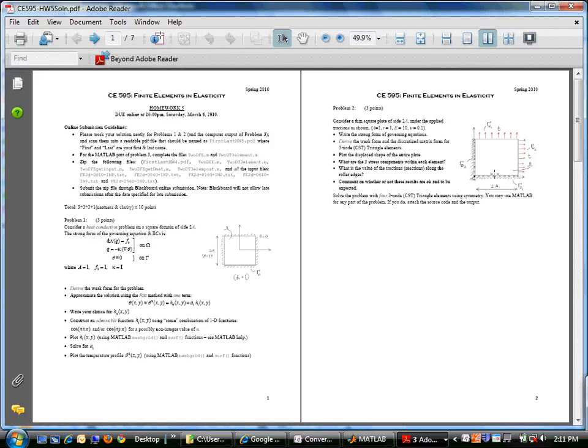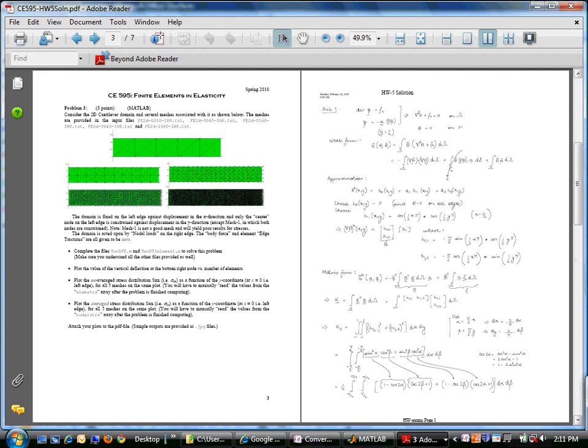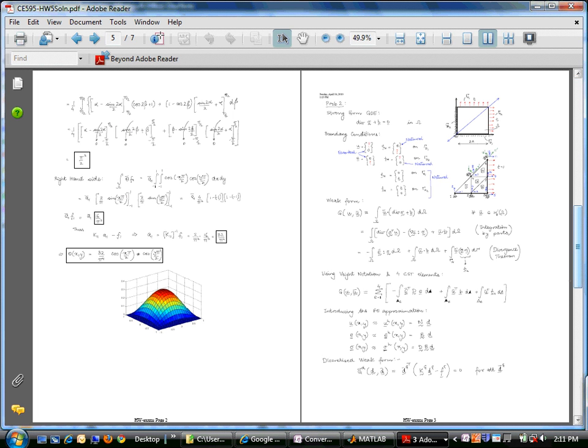In this one, it is a little bit important that you should have seen that this is a constant traction in the x and the y direction. You can actually calculate the exact solution for this problem. If you take a look at the solution that I posted, this is just deriving the weak form.